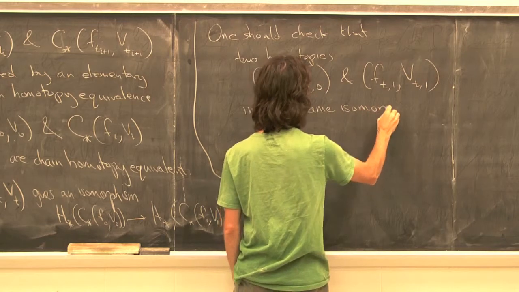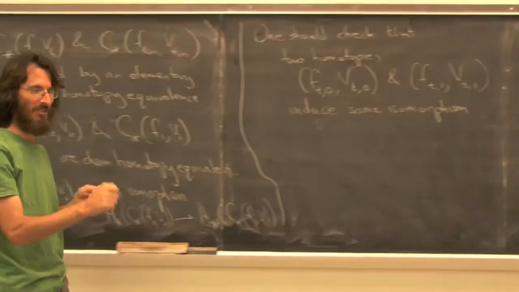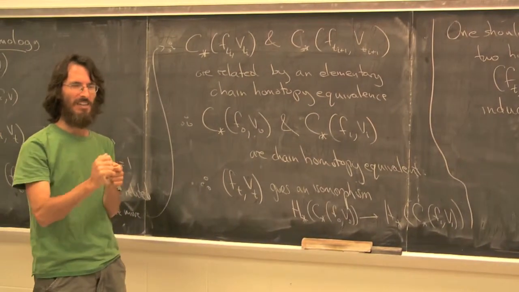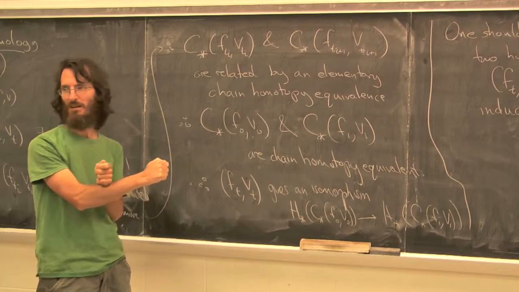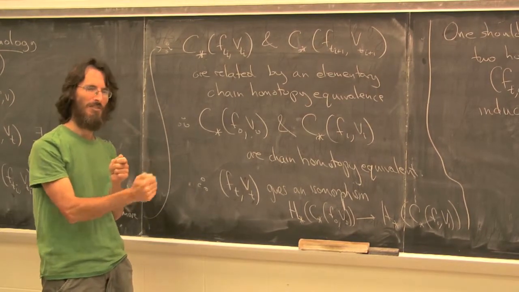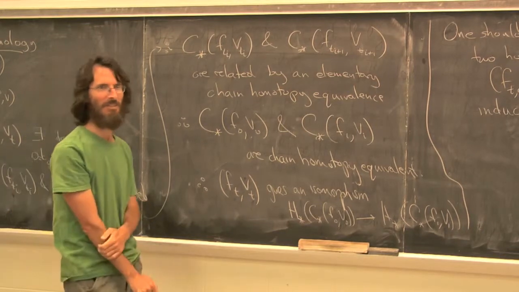And this is called naturality somehow. There's some general setting in which you do this. First you show that something induces isomorphisms, and then you show that if the things that induce isomorphisms are related by some isomorphisms at their level, then the isomorphisms they induce are isomorphic or something like that.